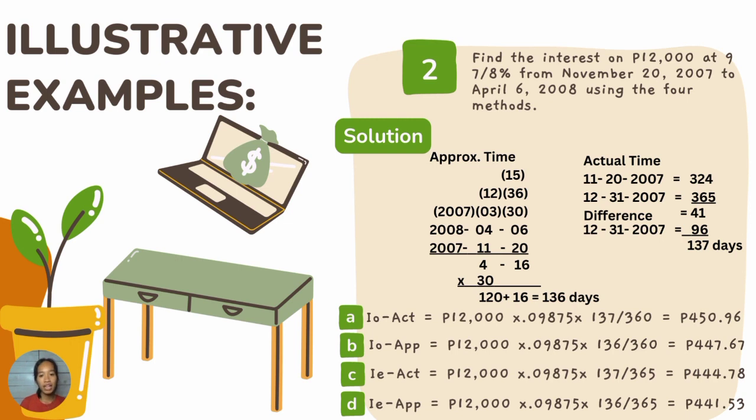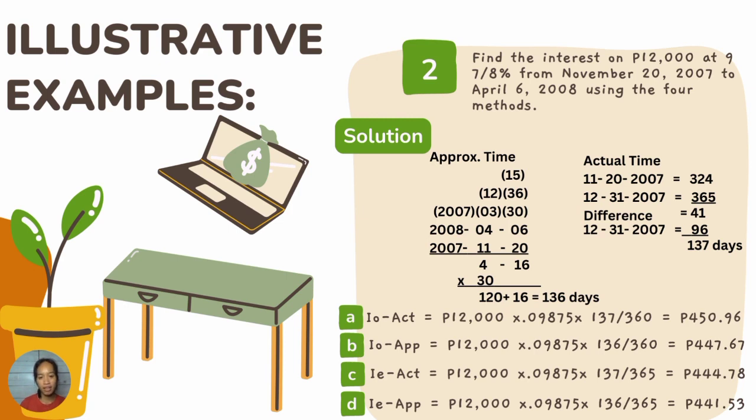So we have 30, because it is approximate time. 30 plus 6 is 36. 36 minus 20, we have 16. Then, since we borrowed, the 4 becomes 3. Since we can't subtract 11 from 3, we are going to borrow again from 2008.